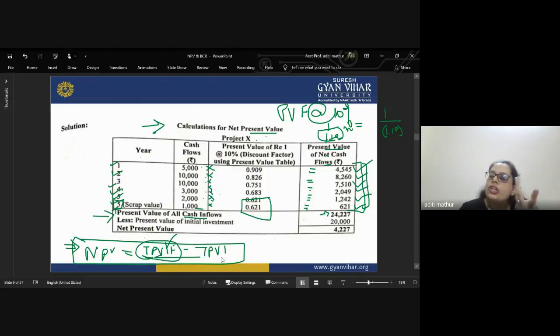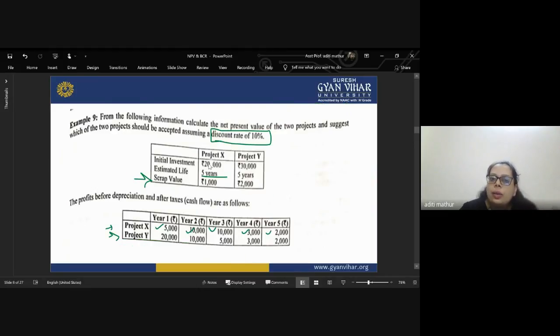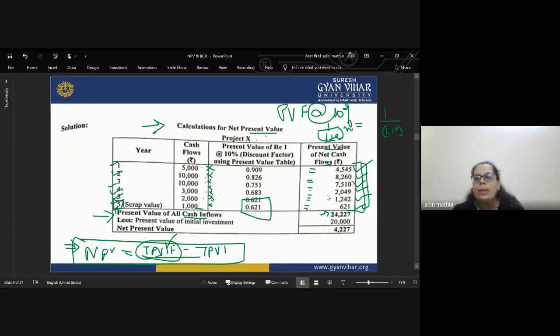Present value of cash initial inflow or the outflow, which we already know. See, 20,000 is given as the initial investment. Now as of today, the present value of the initial investment will be 20,000 only, right? So subtract the two, and your net present value NPV for project X is 4,227, right? So this is how we calculate your net present value.